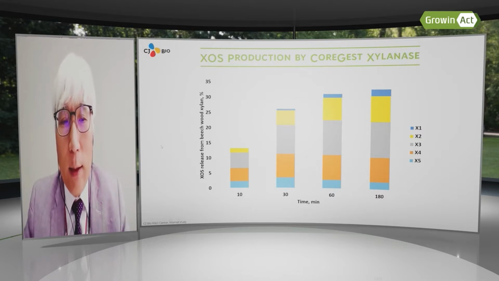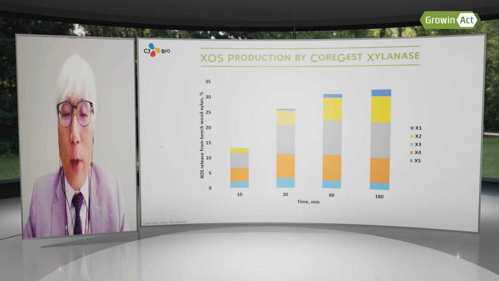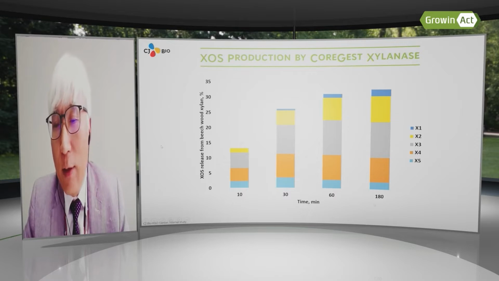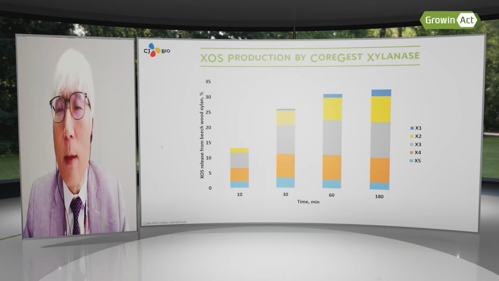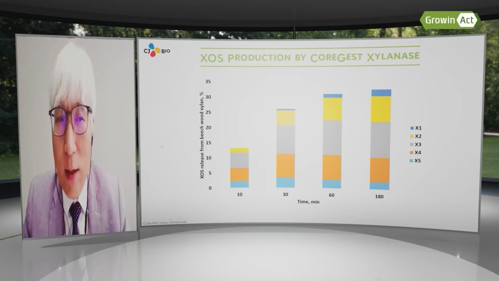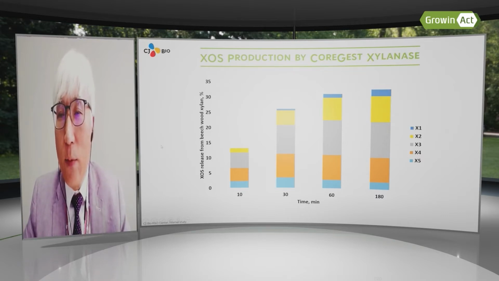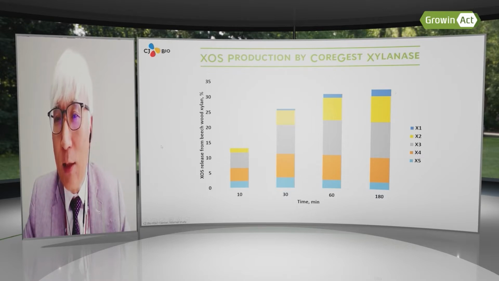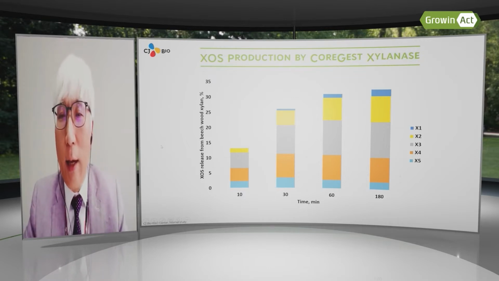This is one of the in vitro studies we've conducted with our new xylanase, Coregest xylanase. We conducted a 10 to 180 minute in vitro study looking at xylo-oligosaccharide release from beechwood xylan. Beechwood xylan is a very insoluble xylan source. You can see here X1 is xylose, single xylose, and X2 is xylobiose, then xylotriose, xylotetraose, and xylopentaose.